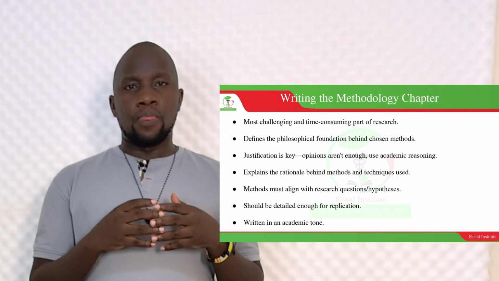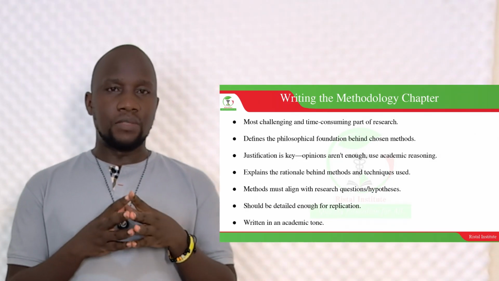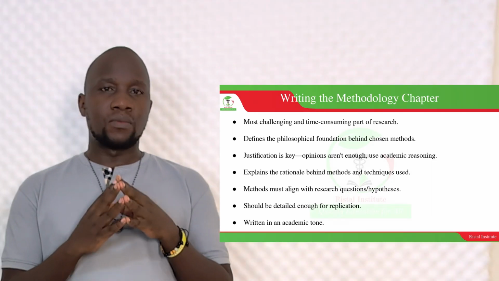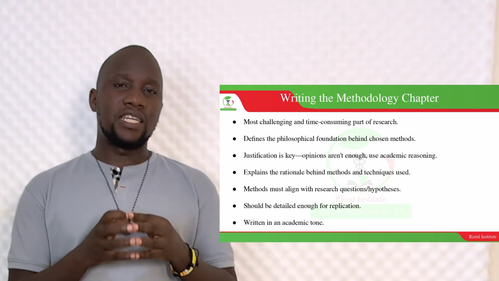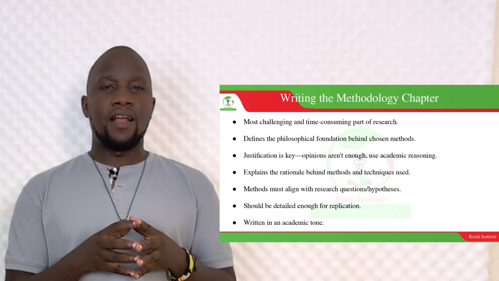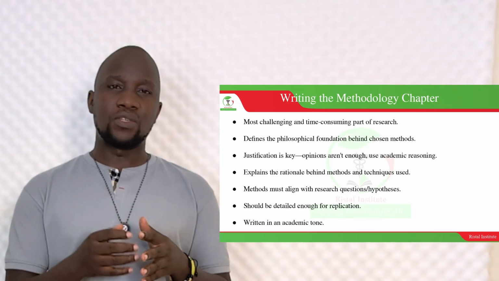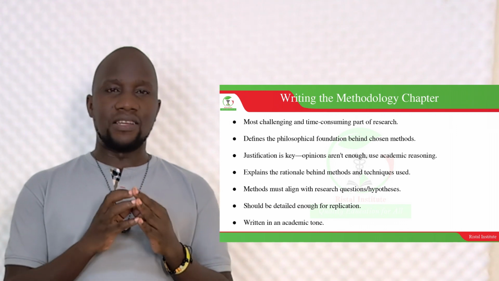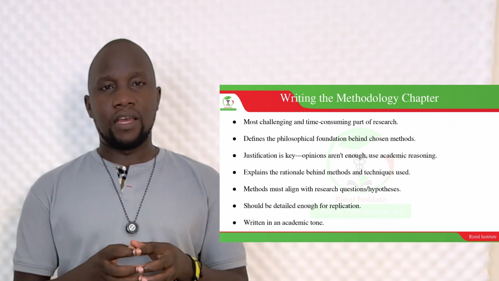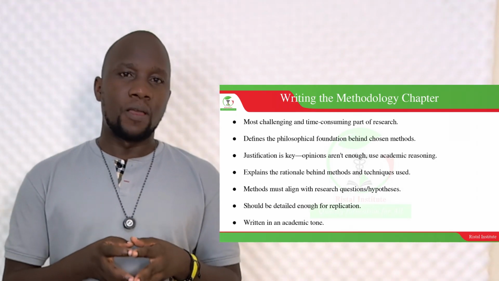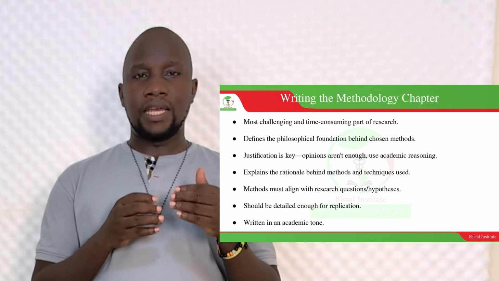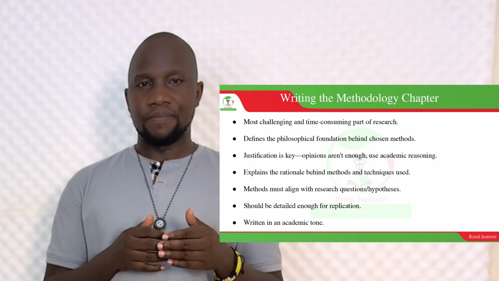Okay, we need to be detailed enough. Detailed enough meaning that we need to provide that information that any other researcher can actually follow and reproduce the same kind of results as you. Okay, this is very important in scientific work, that we clearly explain what we did.